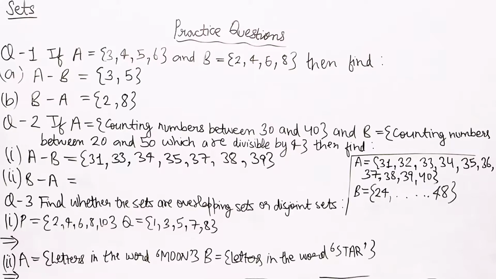Okay, so now let's move on to B minus A. B minus A is equal to the elements. It's really easy. First of all, it's going to start from 24, as we can see that set B is equal to the elements 24.